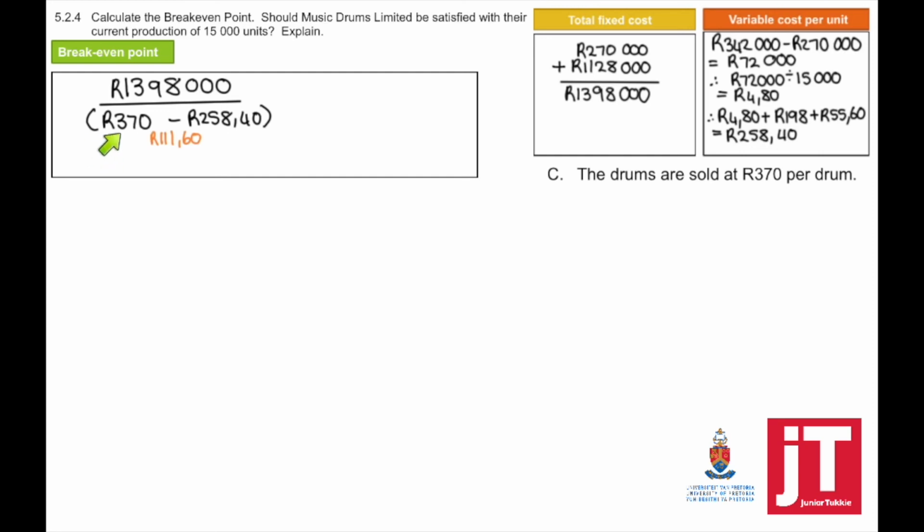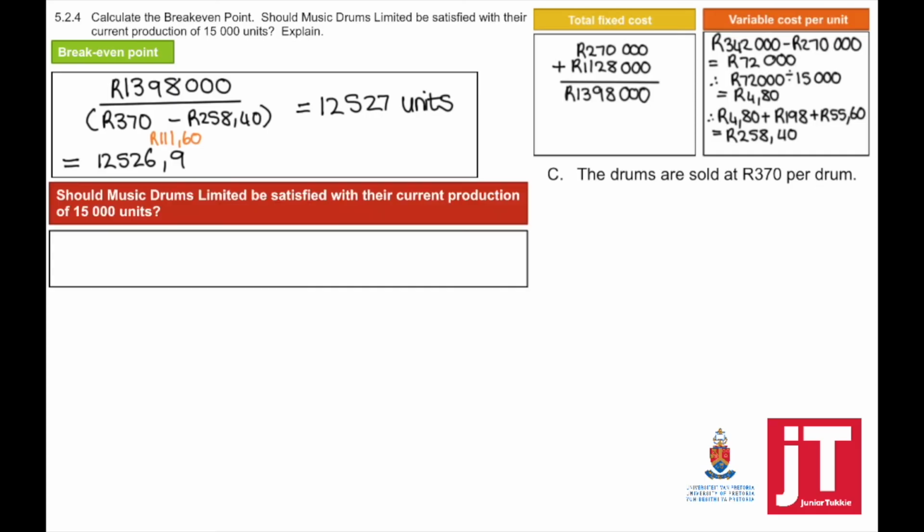Again, selling price minus variable cost per unit equals the contribution per unit. So my break-even point is 12,526.9. If we round this up, 12,527. The next part to this question, should Music Drums Limited be satisfied with their current production of 15,000 units?